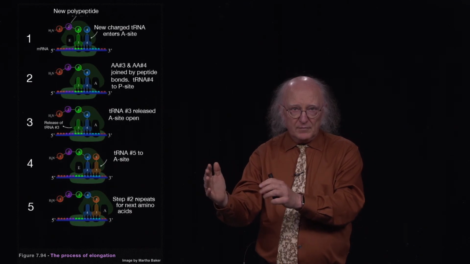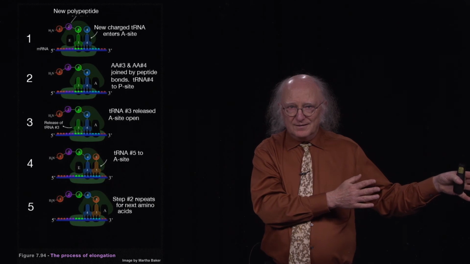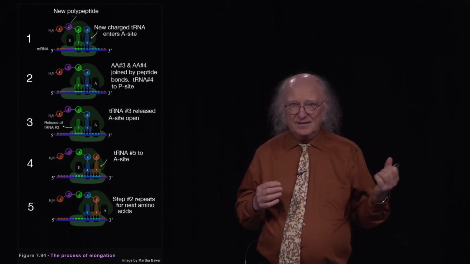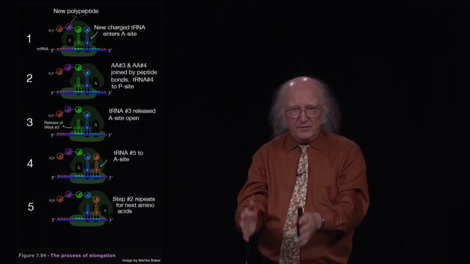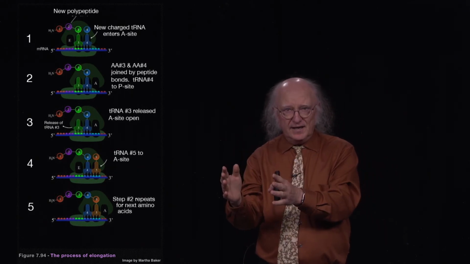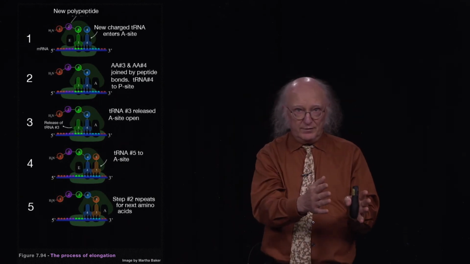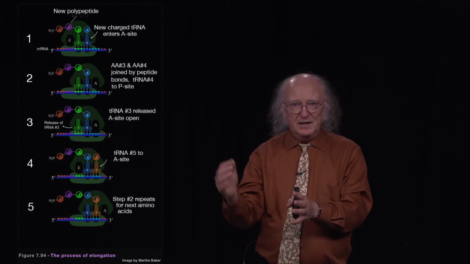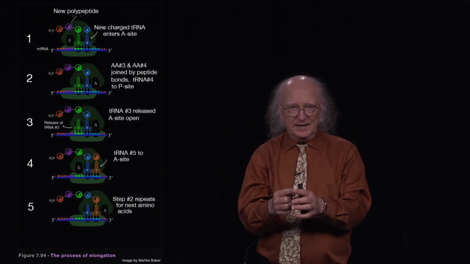And now that amino acid that was in the P site has now moved to the E site. It's getting ready to exit. That's what the E stands for. Okay? The amino acid that was on the transfer RNA in the A site is now on the transfer RNA that's in the P site because it has moved 3. And the A site is left open, meaning that a new transfer RNA can come into that A site.